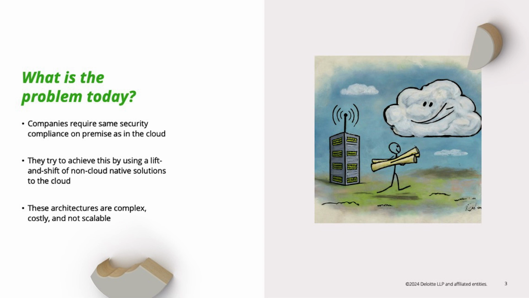You can build that solution, but it becomes clunky. It becomes complex. They're not a cloud native solution. They're also costly, buying additional licenses, paying for compute and having to manage them, and they're not scalable.